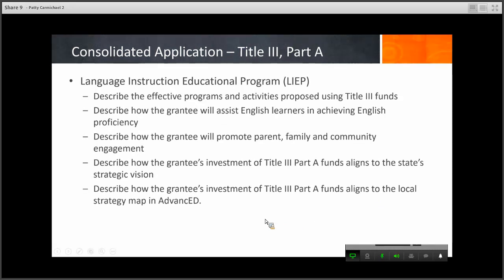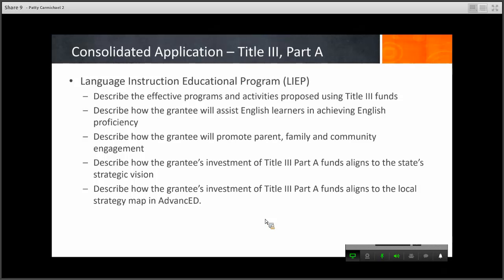Then in the Title III section, you have the Language Instruction Educational Program, or LIEP, and basically you're just describing how you're using your Title III funds and how you're supporting those English learners in learning English and meeting the state's content standards. There are a couple of separate sections that have been added this year.